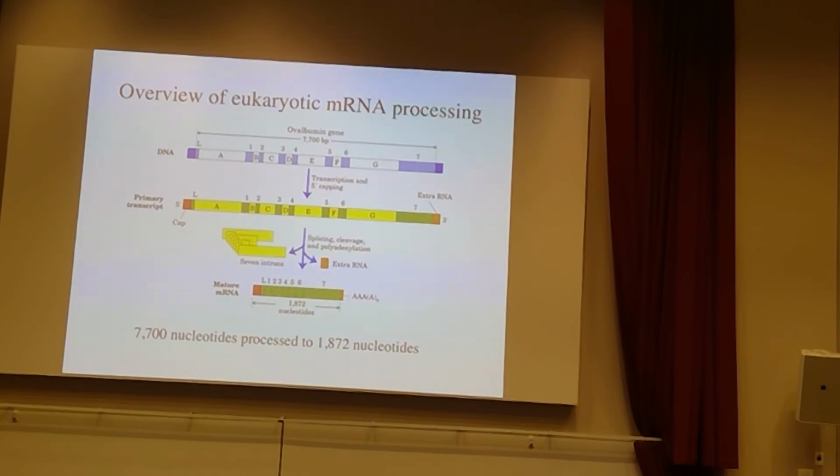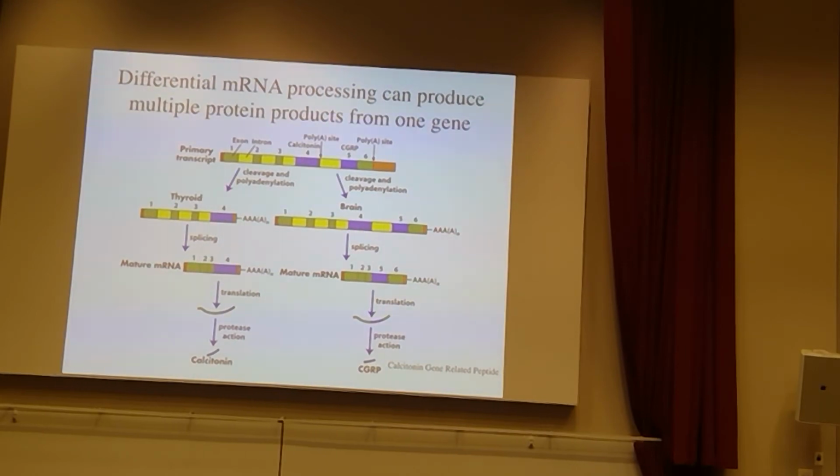Once that region is removed, the polyadenylate 3' tail can be added at the end, and then we generate our mature mRNA product. The overall process begins with something that might be 7,700 bases long and processes it to the mature mRNA, which can be substantially smaller than that in the case of ovalbumin, 1,872 nucleotides.